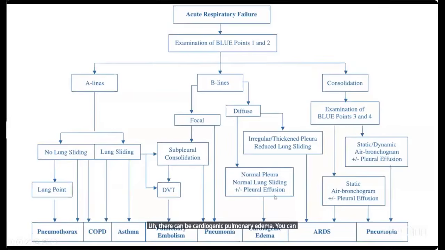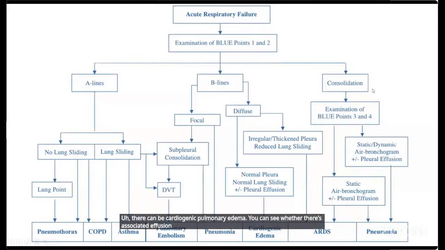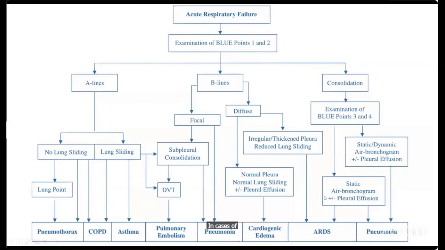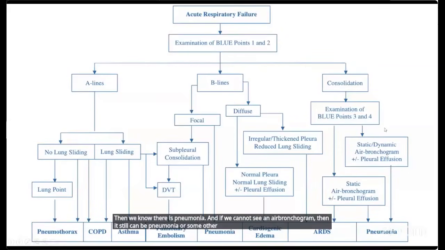You can see whether there is associated effusion present or not. In cases of C profile, if you can see an air bronchogram, then we know there is pneumonia. And if we cannot see an air bronchogram, then it still can be pneumonia or some other causes of consolidation like atelectasis.